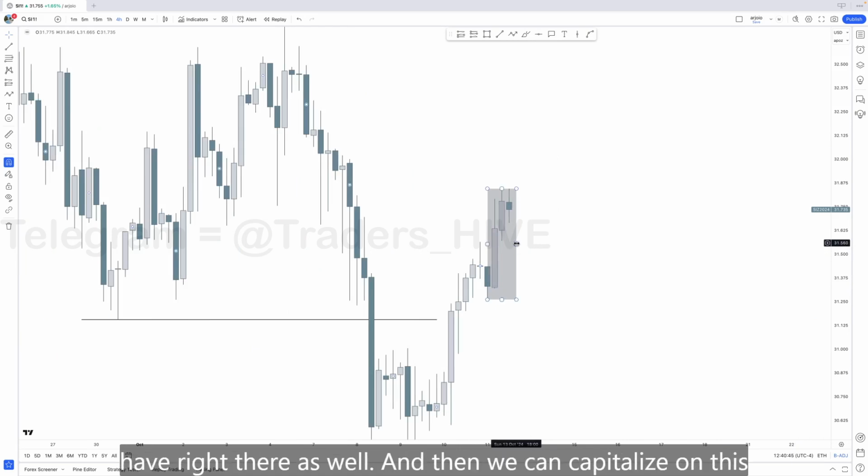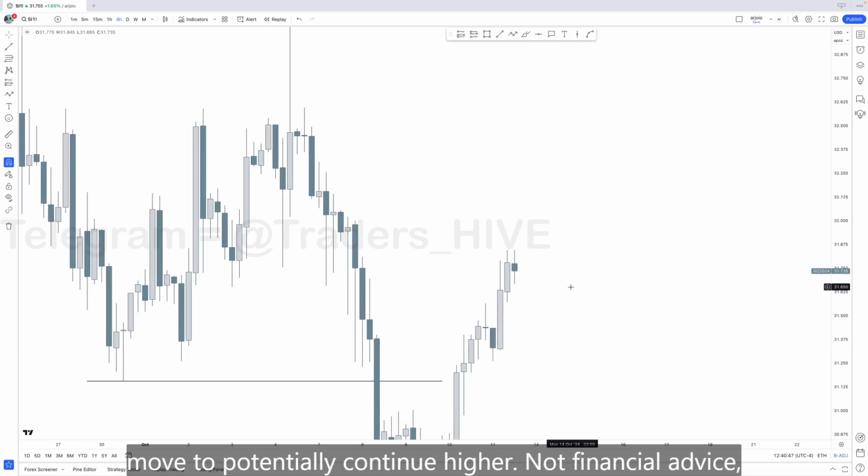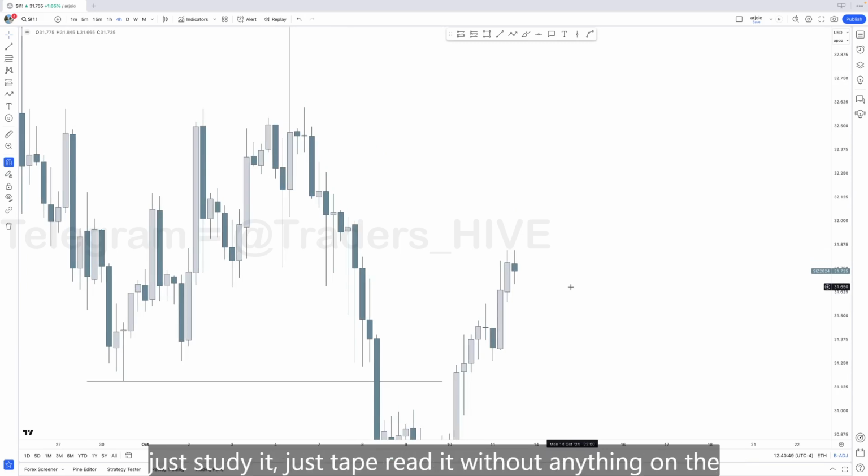And then we can capitalize on this move to potentially continue higher. Not financial advice, just study it, just tape read it without anything on the line right here on silver.